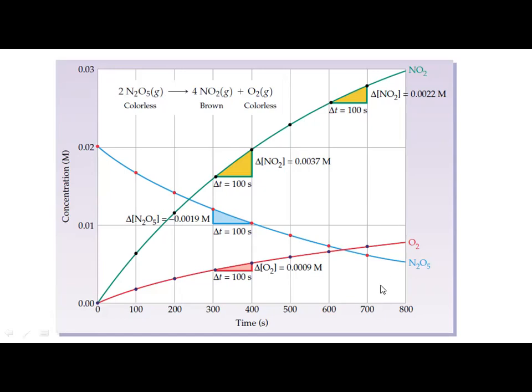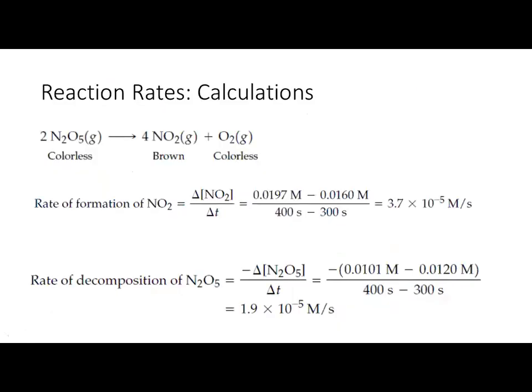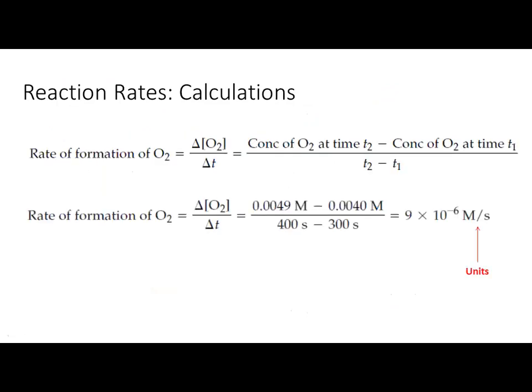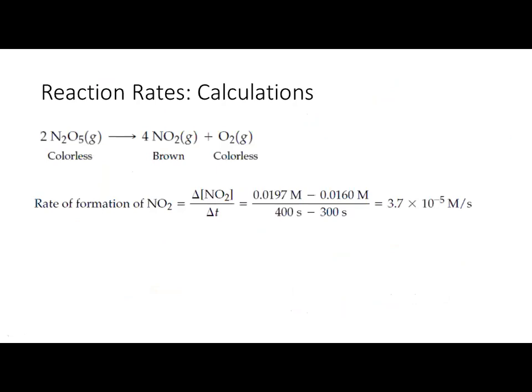So even you can calculate this must be 4 times as compared to the oxygen, or oxygen must be 4 times less as compared to the nitrogen dioxide. अगर नहीं है तो इधर से भी आप इंफॉर्मेशन ले सकते। जब भी हमने कैलकुलेट किया, ऑक्सीजन आपके पास जो है ये 9 एक्सपोनेंट 6, और इसको जो है वो 4 टाइम आप इंक्रीज करें, क्या आएगा 3.7 आपके पास। 9 को 4 से मल्टीप्लाई करेंगे तो 36 आएगा, सही। तो वो फिगर आप पॉइंट्स में आगे पीछे आपके पास आ रही। So in this way you can calculate the rate of any of the reactant and the product, and you can compare which one is the faster and the slow.